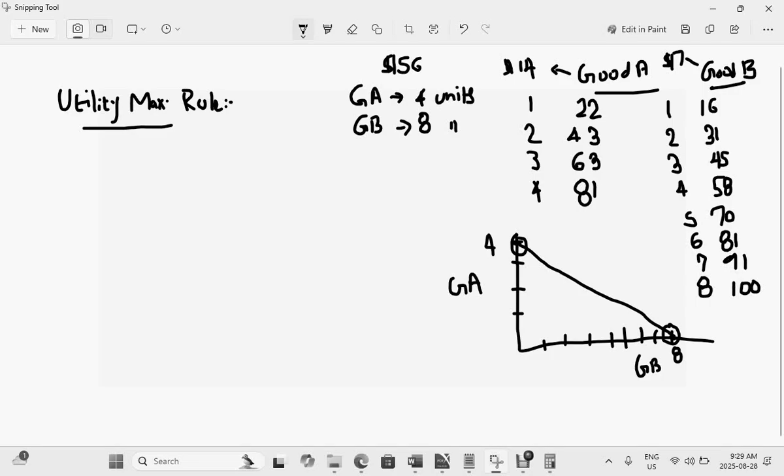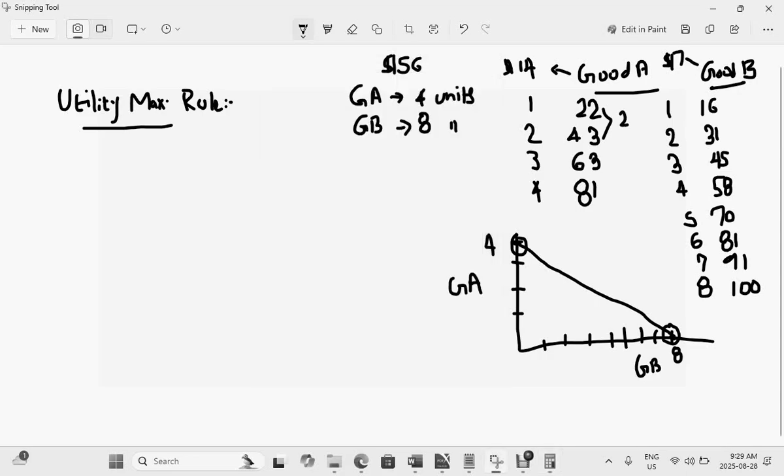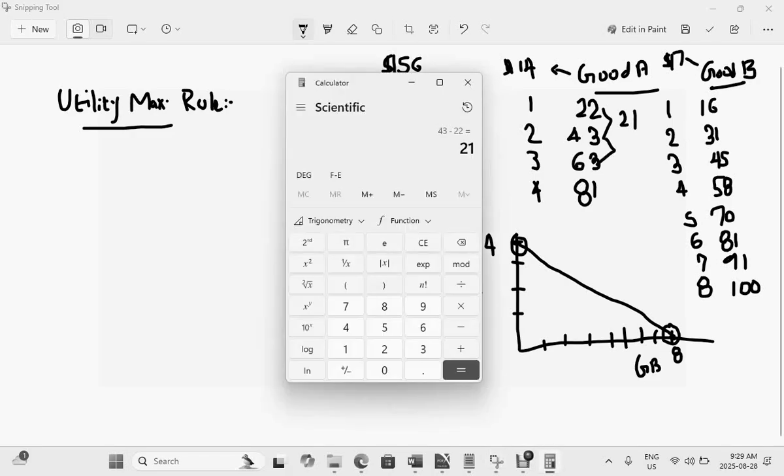Now, if you were to figure out the marginal utility, which is the difference between these two values, this is 43 take away 22, so 21. This is 63 take away 43, which is 20.